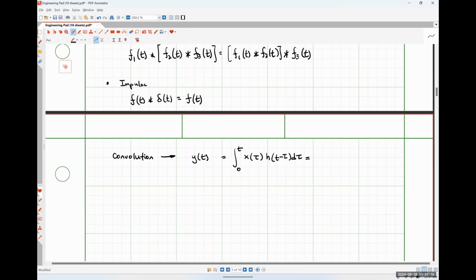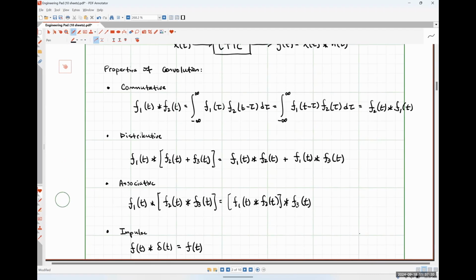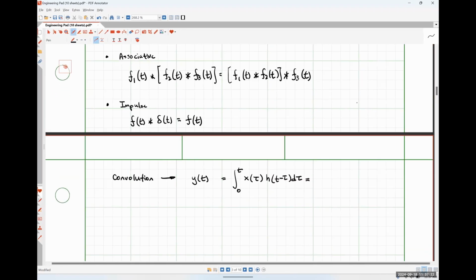And because we know about the commutative property, we could also write this as the integral from 0 to t of x of t minus tau multiplied by h of tau d tau.